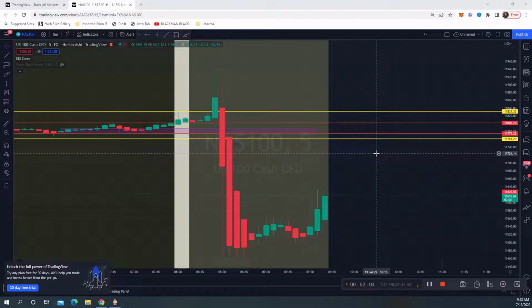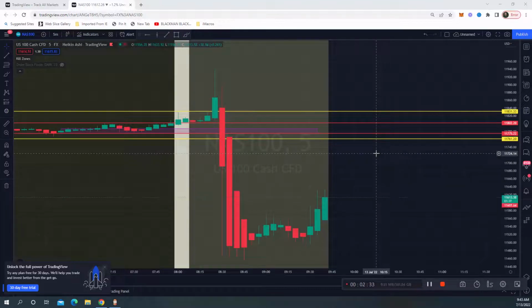So I was doing that, and out of nowhere, another strategy came to my mind and went off like a light bulb. It's a strategy I learned a long time ago but never really practiced. I started thinking, what if I do supply and demand and add it with order blocks?